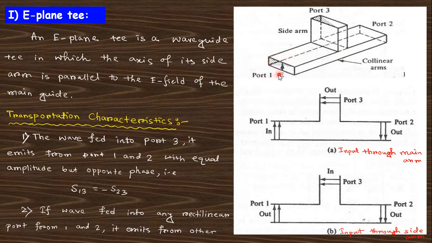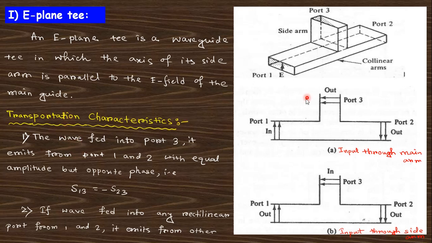So if the microwave transmits from port 1 to 2 or from 1 to 3, what component, amplitude or phase is transmitted, we can find out by these transfer characteristics.